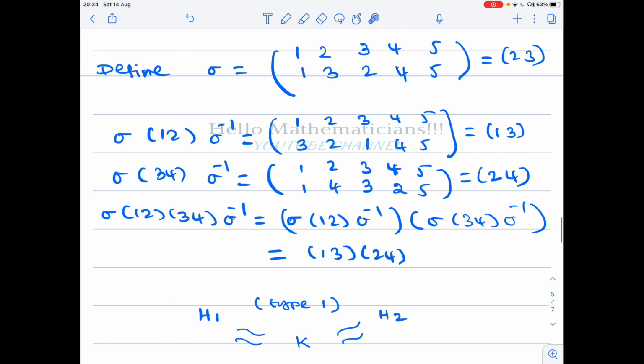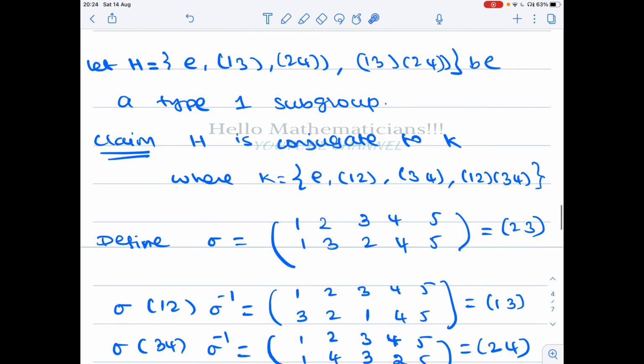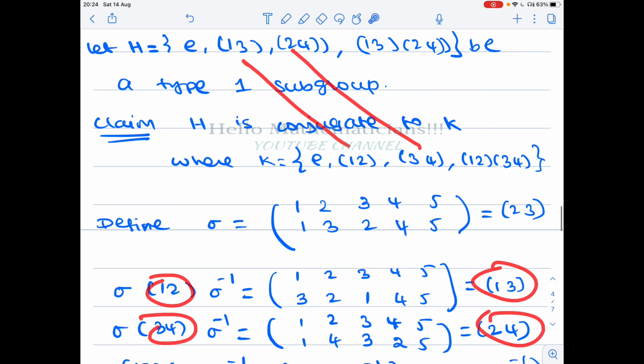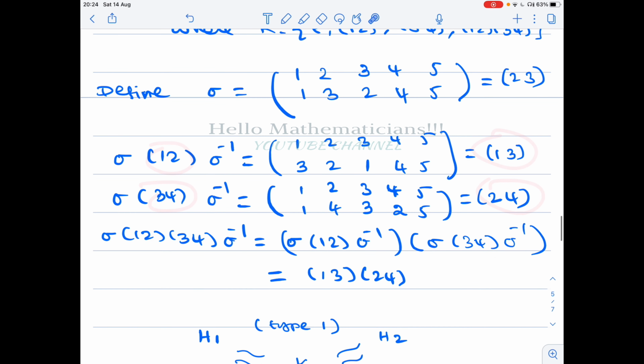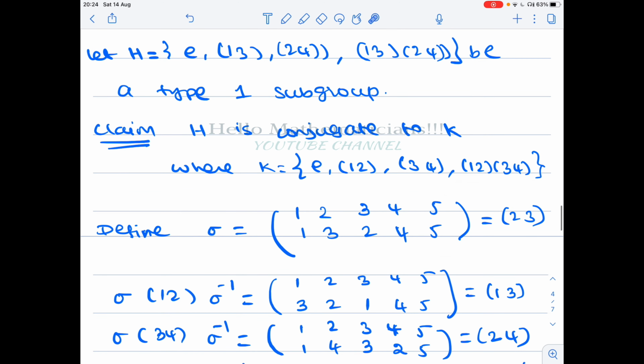So I have done the calculations here. So you see that sigma (1 2) sigma inverse is (1 3), sigma (3 4) sigma inverse is (2 4). So (1 2) if you conjugate it goes to (1 3), (3 4) if you conjugate it goes to (2 4). Similarly, sigma (1 2)(3 4) sigma inverse goes to (1 3)(2 4). Identity will go to identity always under conjugacy.